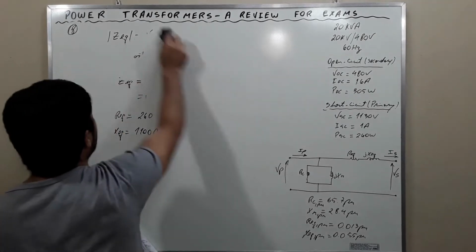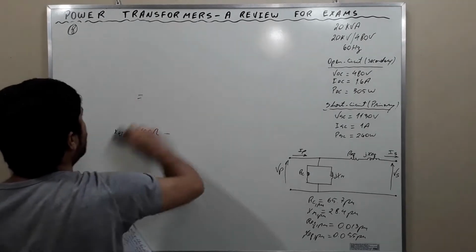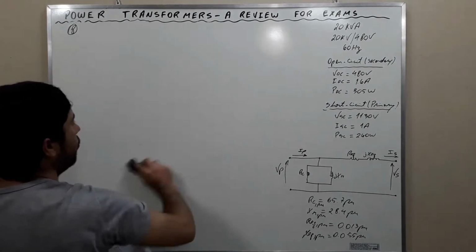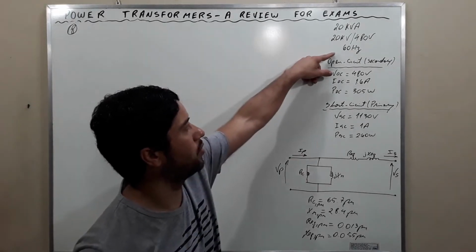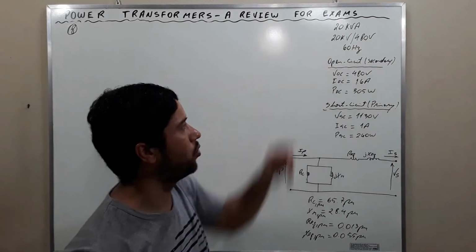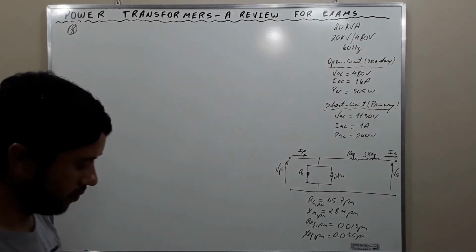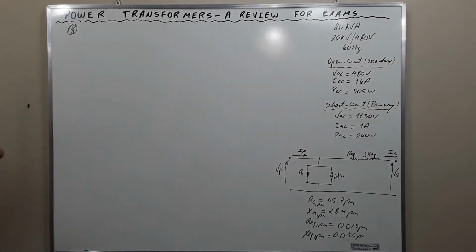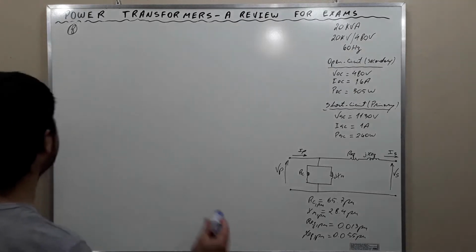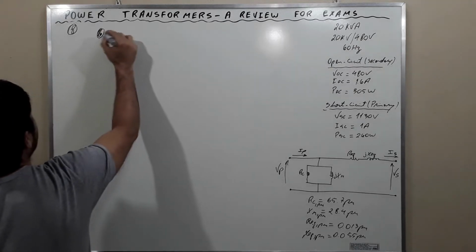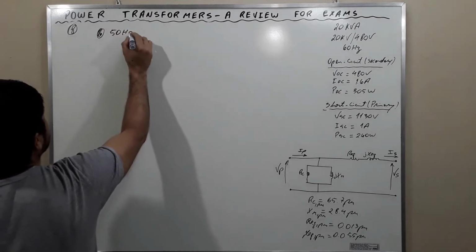Letter B wanted us to debate whether or not this transformer that was designed to operate in a system whose frequency is 60 Hertz. What could happen if this transformer is employed in a system that uses 50 Hertz?